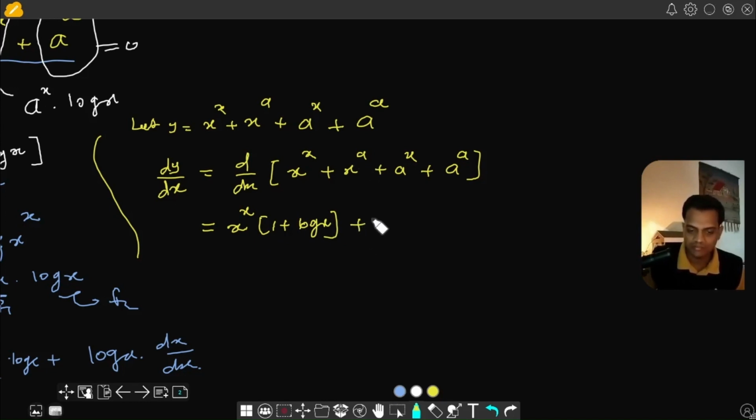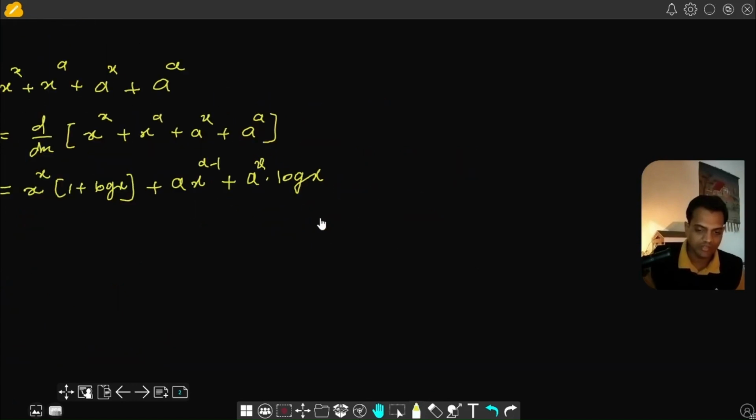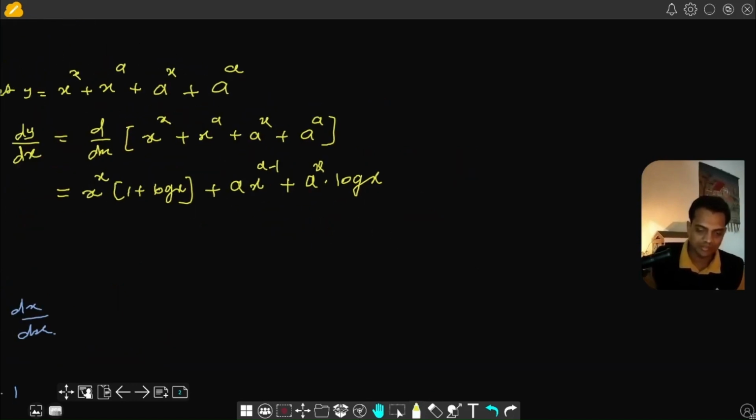The derivative of x raised to a: the power comes in multiplication and the power will be reduced by 1. The derivative of a raised to x is a raised to x into log of a, and the derivative of a raised to a, which is a constant, will be 0.